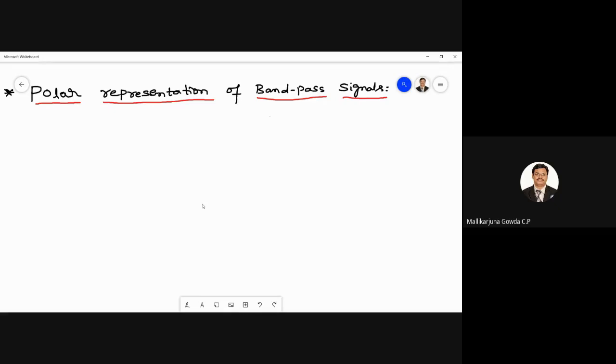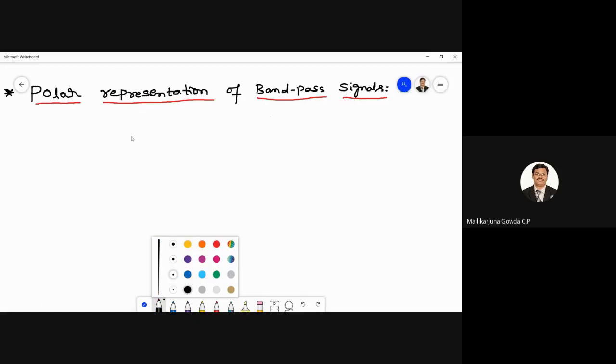So in the same way, let me try to express the complex envelope of the bandpass signal in polar form. Okay. So let me write S tilde of t. S tilde of t is the complex envelope of the bandpass signal.